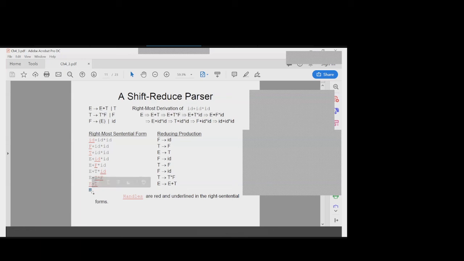Because you are a human, you can decide that going this way gives the correct sequence. But the compiler doesn't know it. So you have to decide the correct handles for your parsing productions, right?